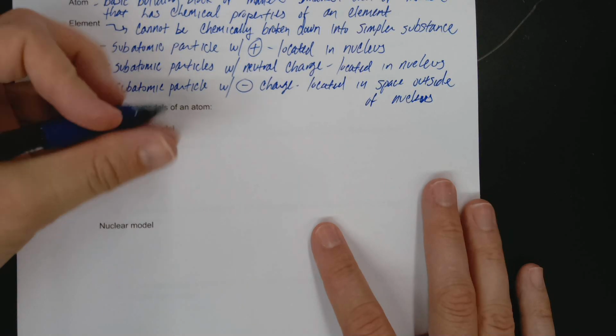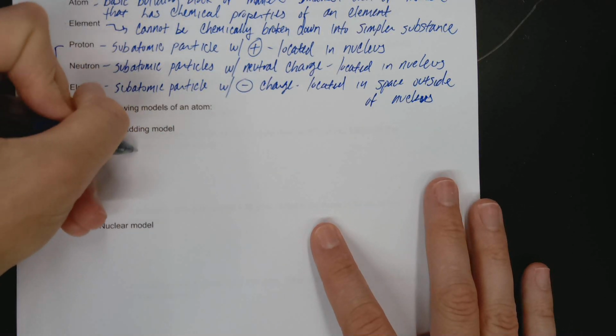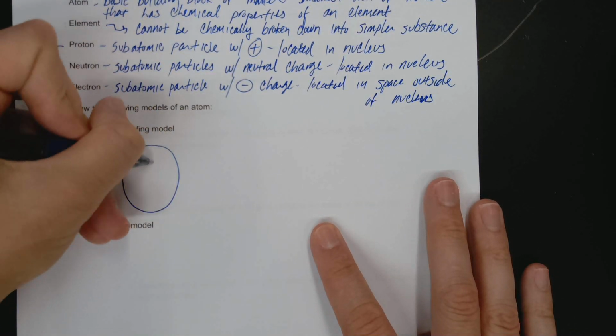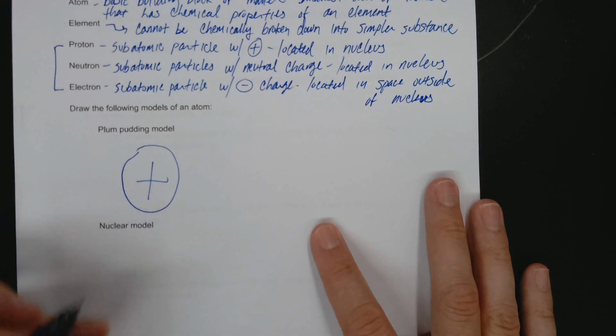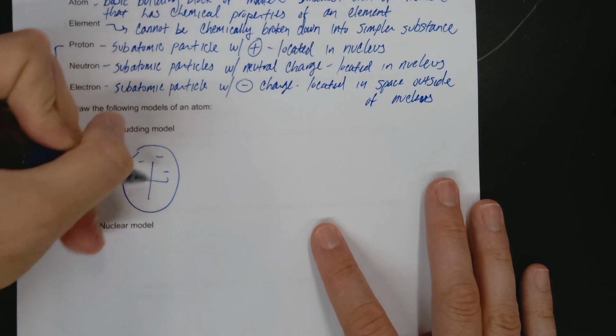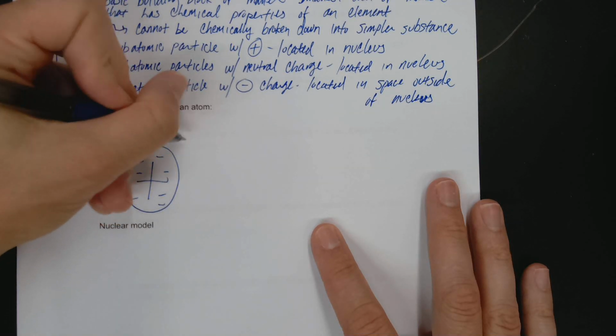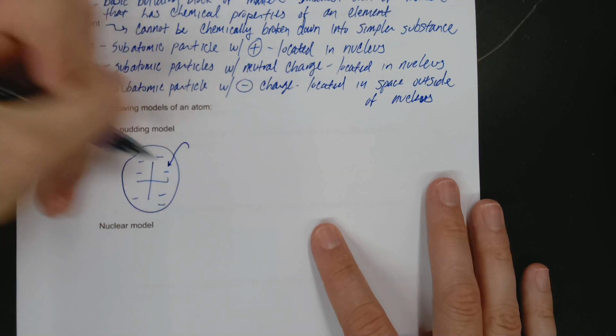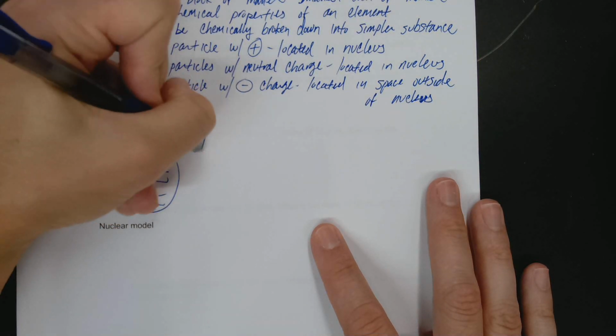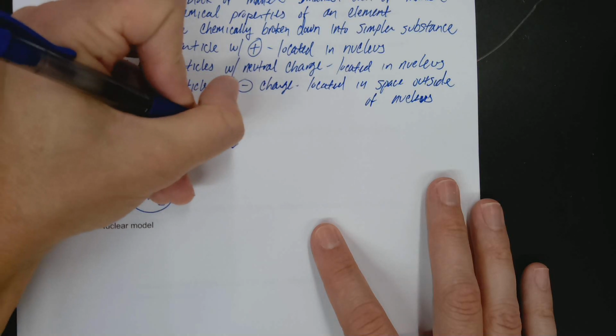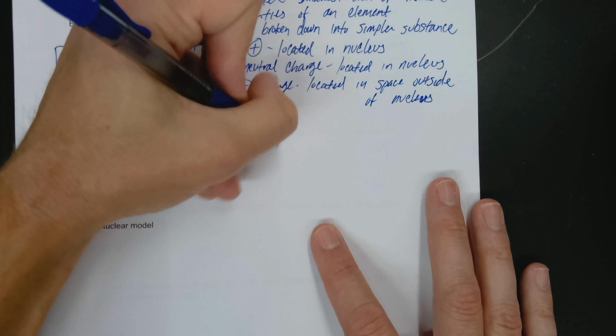So what he thought the atom might look like is a positive sphere with negative charges dotted throughout it. So Thomson discovered electrons, which have a negative charge.